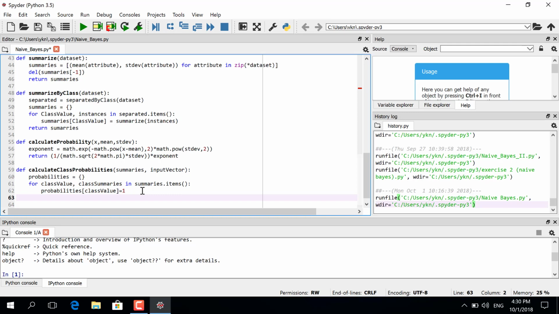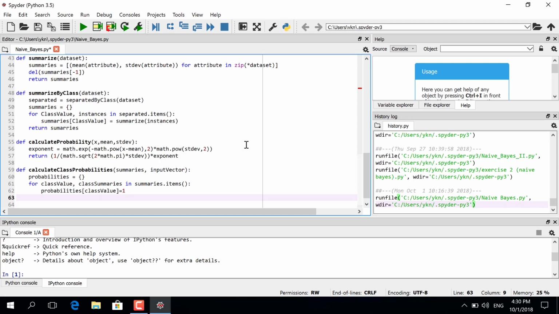So this statement is telling us that for class value, class summaries in summaries.items, when we have already summarized the class value into +1 or -1, the probability of the class value is always 1, because it is already stated in the previous function, summarize by class.